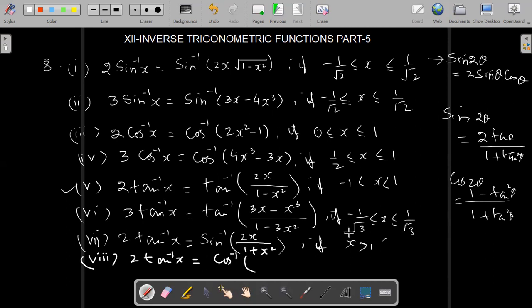Cos inverse, cos is 1 minus tan square, so 1 minus x square upon 1 plus x square.